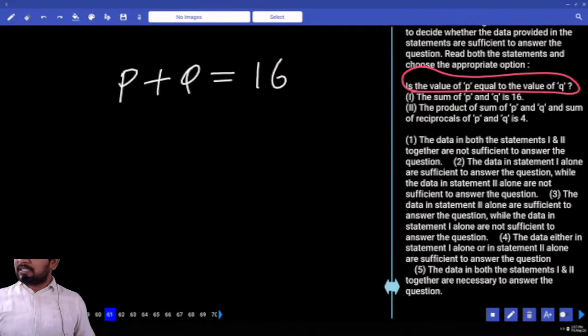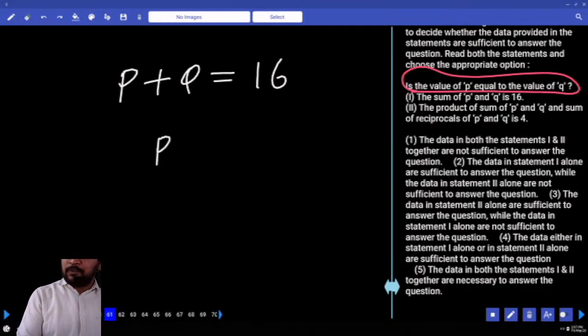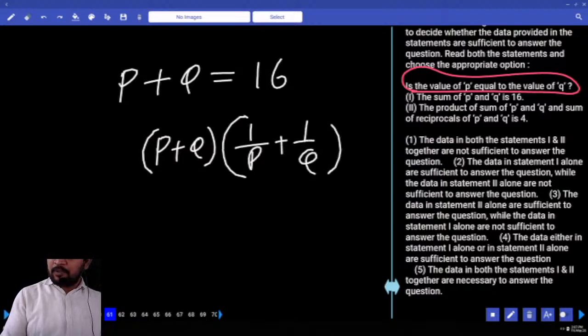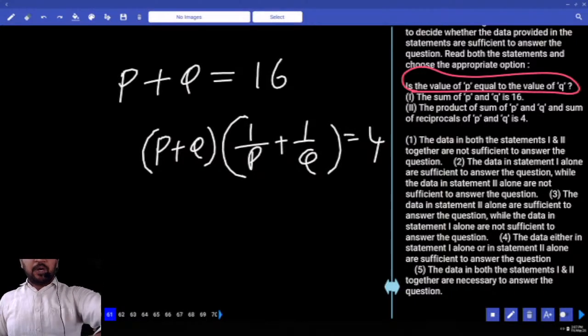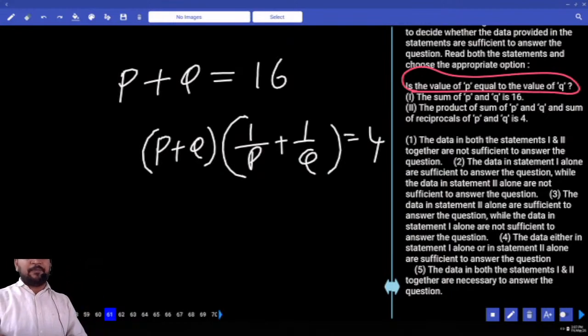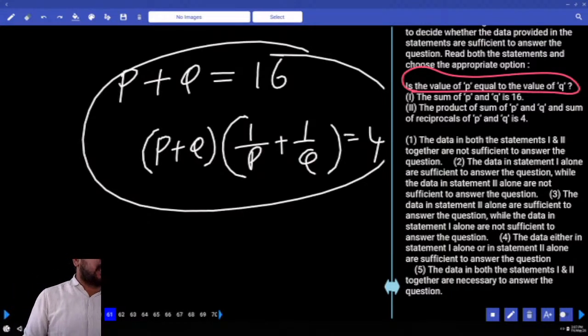The product of the sum of P and Q and the sum of their reciprocals. This product is what? Is it possible using only the second statement? The answer is not possible. But if we combine both, definitely two equations and two unknown variables are there.